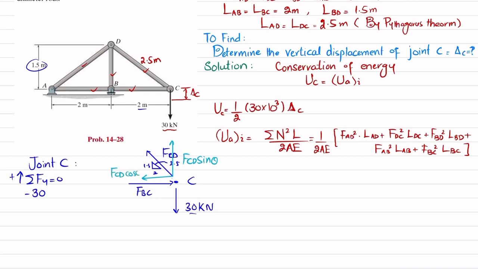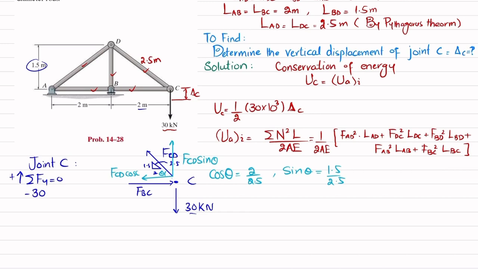And what is theta? Cos theta is equal to 2 divided by 2.5, clear, and sine theta is equal to 1.5 divided by 2.5.